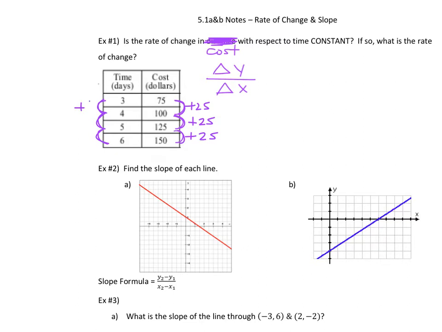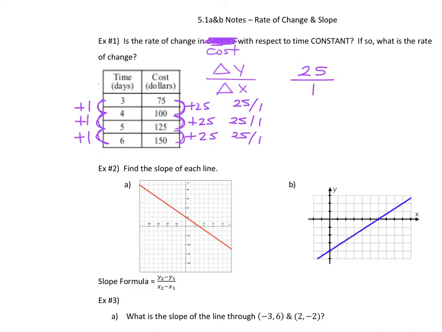By 1 every time. So if every one of them changes by the same amount, the change in our y is 25. The change in our x is 1. That means it is 25 over 1 for every set of numbers. 25 over 1, 25 over 1, 25 over 1.